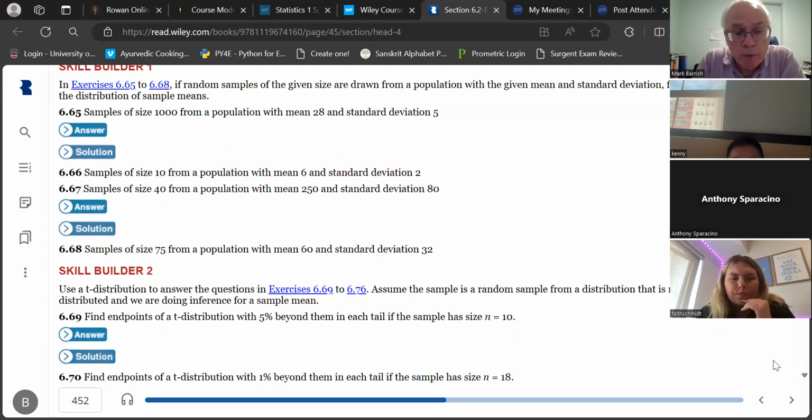Now, as you know, when using the normal distribution, there were 2 choices with our calculator. That was normal CDF. That's when we needed to find a probability, right? We had a value, and we needed to find a probability that is either less than or greater than that value, or maybe between two values.